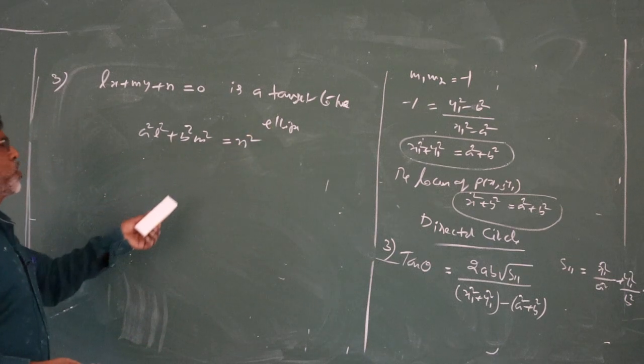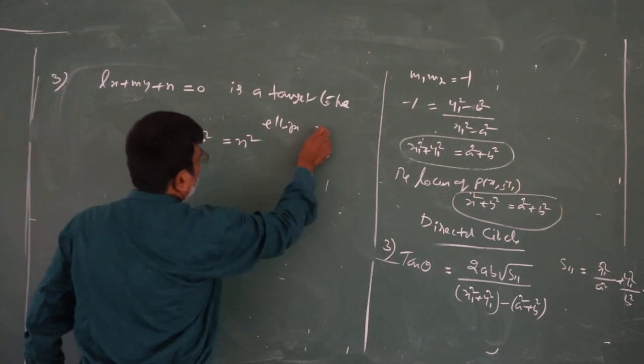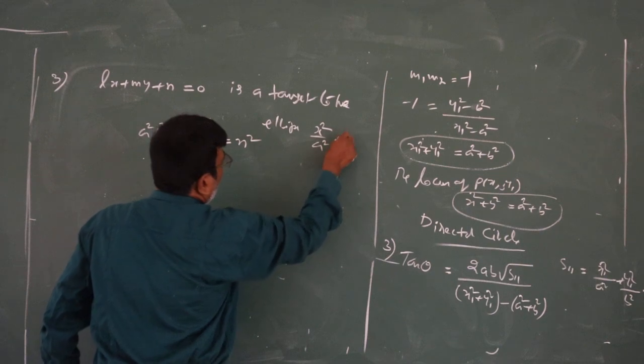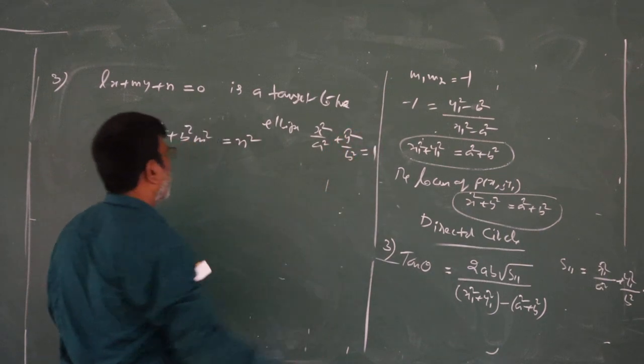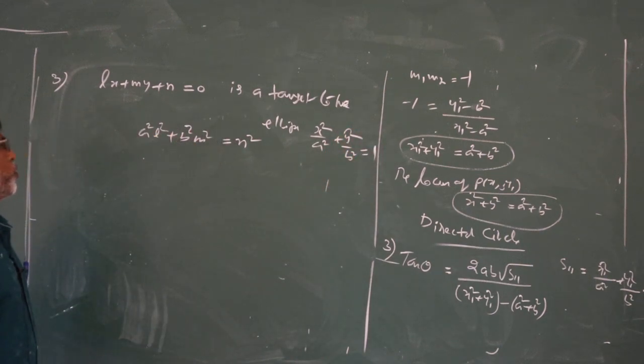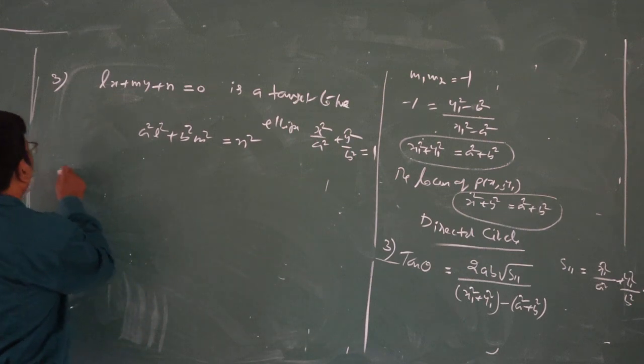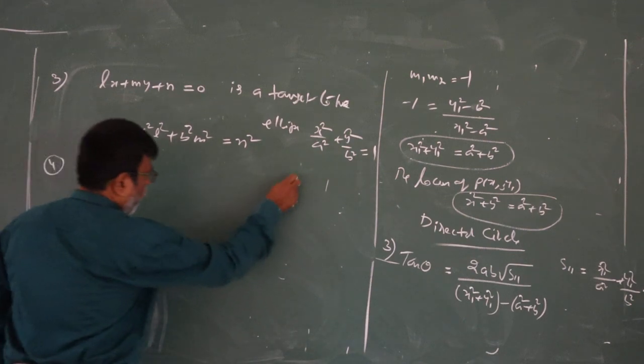This is a very important shortcut. The ellipse equation is the same, x square by a square plus y square by b square equal to 1.